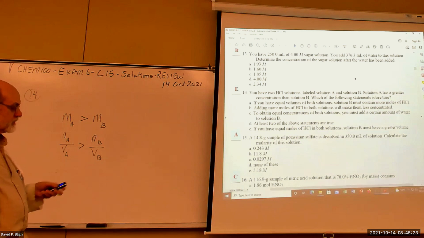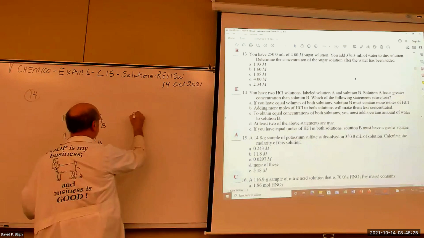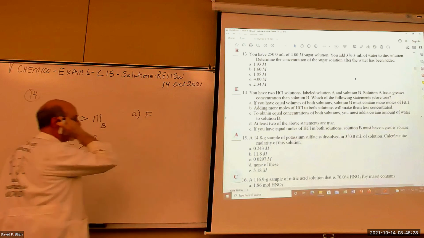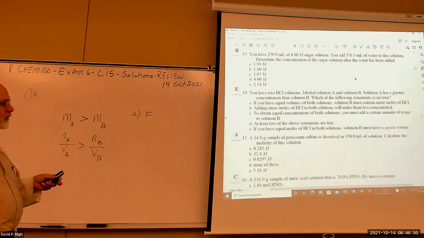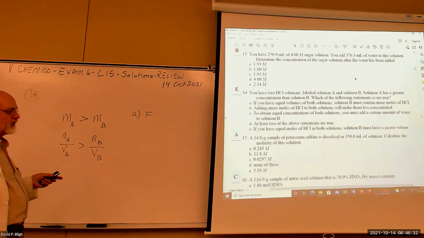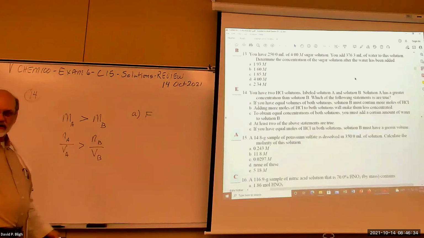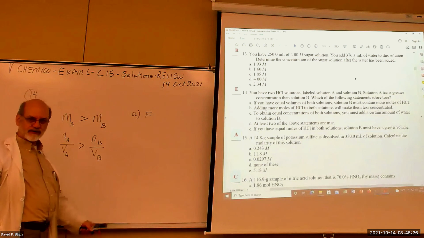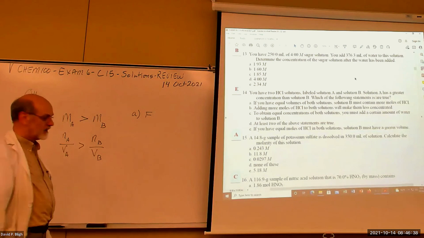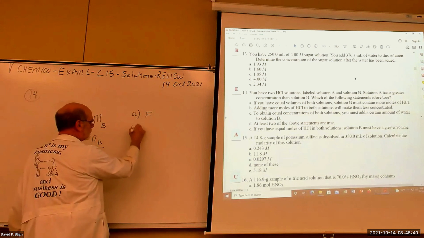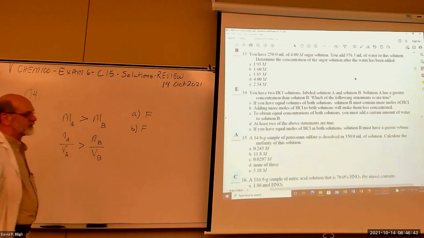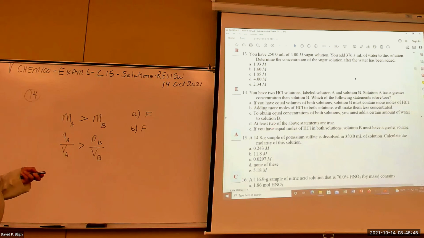So A is false. B: Adding more moles of HCl to both solutions will make them less concentrated. Well, that's ludicrous. If you add more solute, concentration is going up on both of them. So B is false.